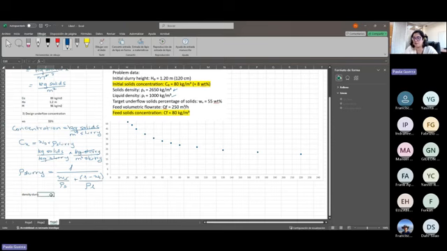So this would be 1 over 55 over 2,650 plus 1 over 1 minus 55 over 1,000.